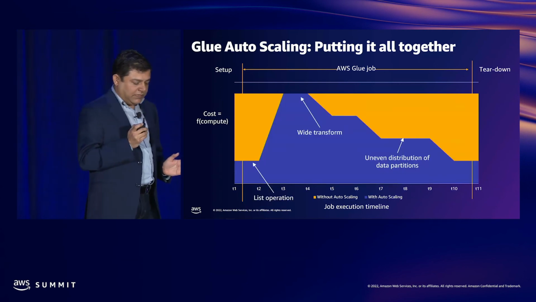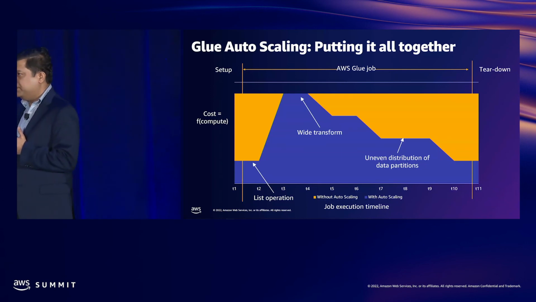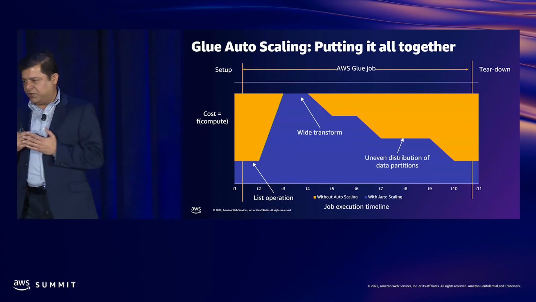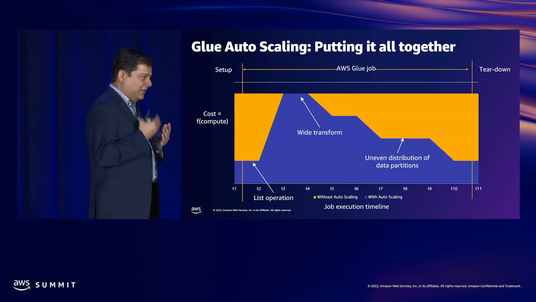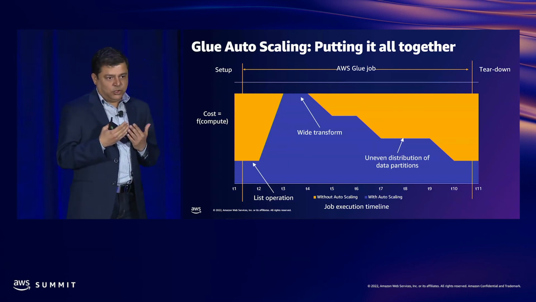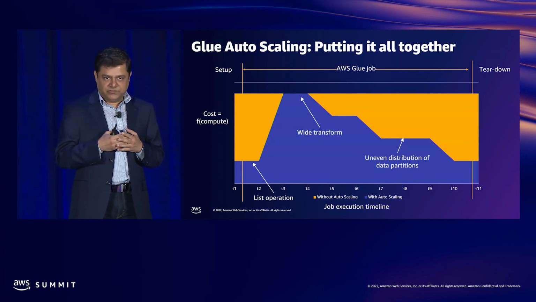And with auto scaling, depending on the stage of the job, whether you are performing a transform, listing files, reading from S3, or writing, Glue will automatically provision the right set of compute resources, thereby significantly reducing your data integration cost.